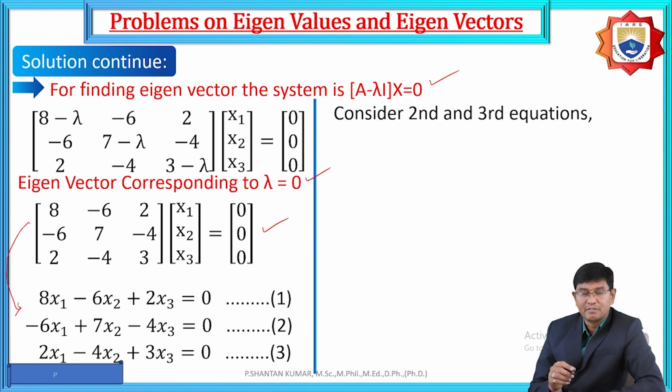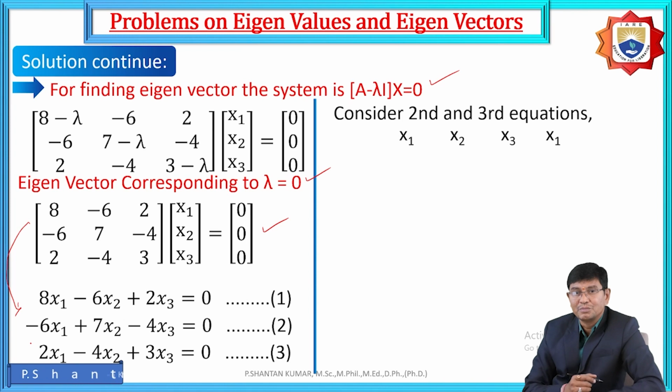In the first equation the x1 coefficient is 8 and the x2 coefficient is minus 6. In the second equation the x1 coefficient is minus 6, the x2 coefficient is 7 and the x3 coefficient is minus 4, and we also need to consider x1 again.